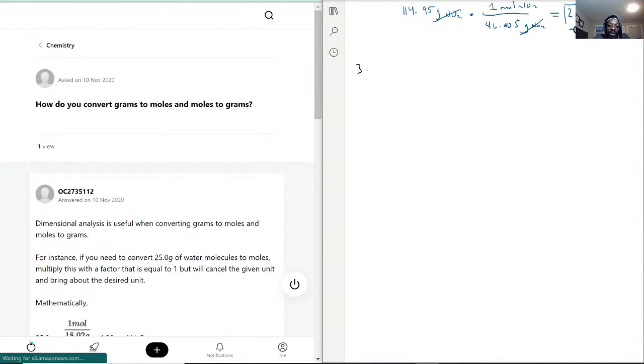How do you convert grams to moles and moles to grams? Great question. We actually just touched upon it in the previous question. So how to convert grams to moles and moles to grams.